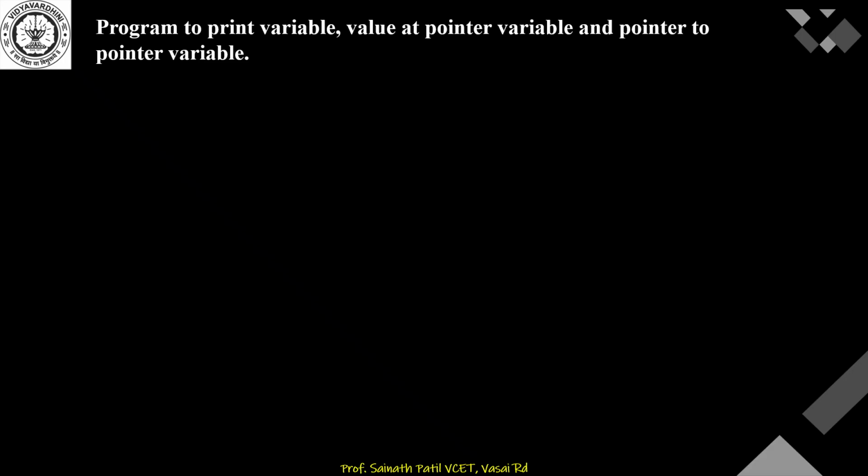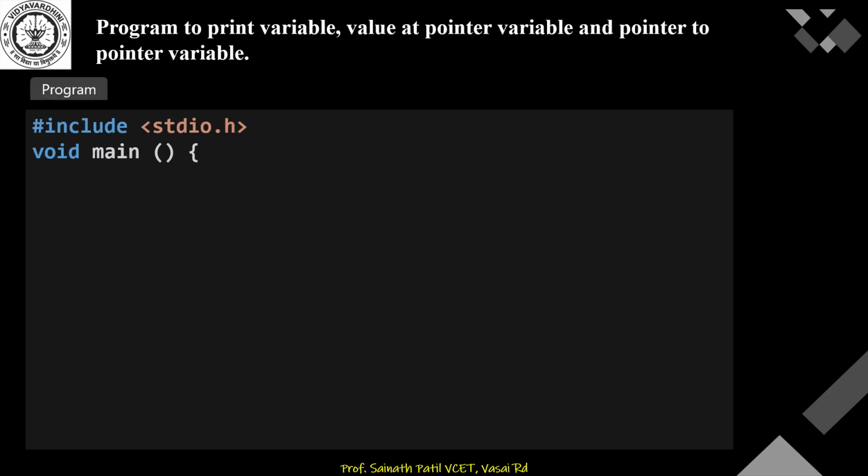Let's write a simple program. The program prints the variable, the value at the pointer variable, and the pointer to pointer variable. So as usual, I include the header, and in void main I declare int a, then int *ptr, that is a single pointer variable, and then int **pptr, that is a double pointer variable, then a is equal to 25. I declared all these on separate lines; I could declare them on the same line as well.